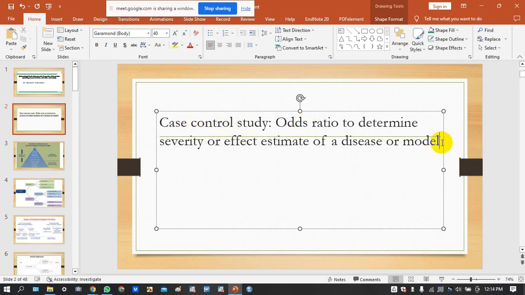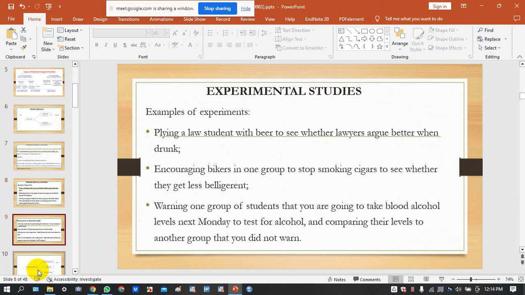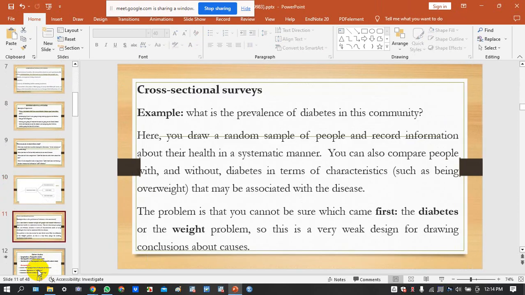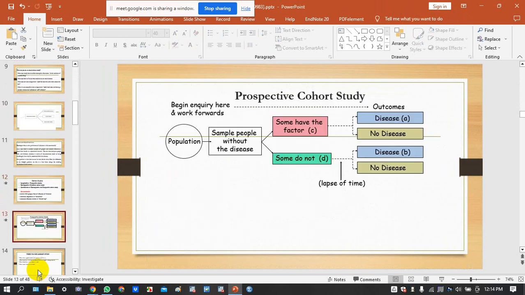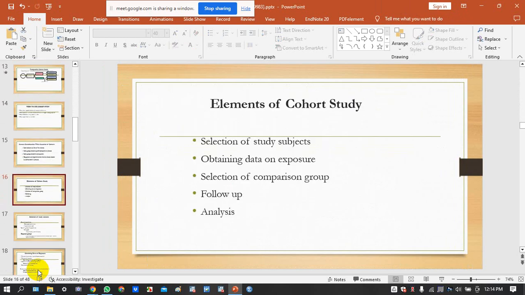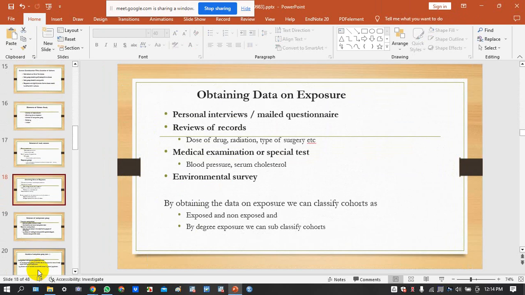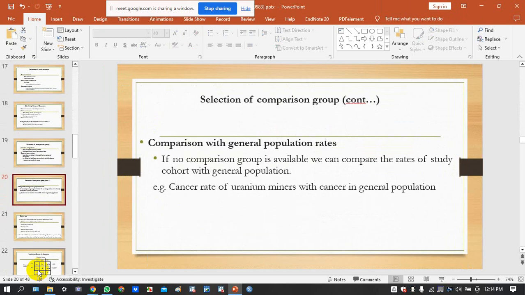But for a longitudinal or prospective study or cohort study, we use relative rates. So the relative risk calculation is the same as the odds ratio, but we use relative rates for the longitudinal study, and odds ratio for case control study. When you get to case control study, you will understand it better. So we are here.